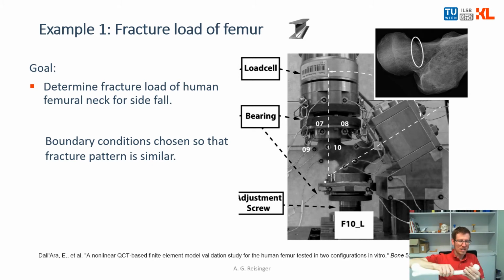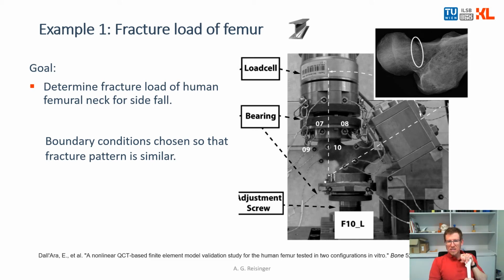When a person falls to the side and goes to the hospital, you have a certain fracture pattern in this neck. In the study of Enrico Dallara, he was creating boundary conditions that gave exactly the same fracture pattern in the neck as in the clinical case.